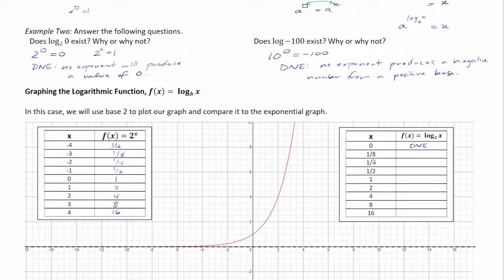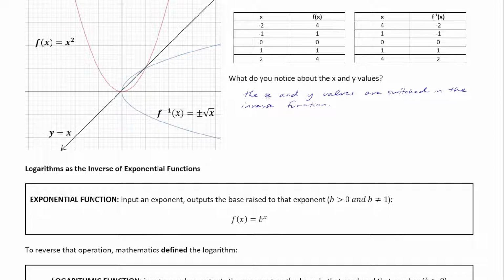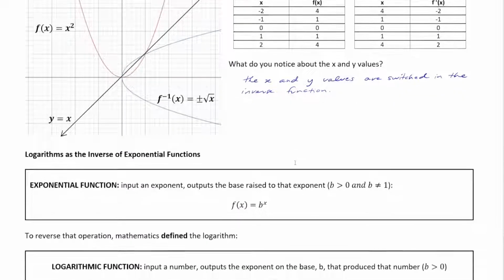Then, if we look at the original function right here, remember, this right here is the original exponential function, and this is the inverse. So we said previously, what happens? The x and y values are switched in the inverse function.